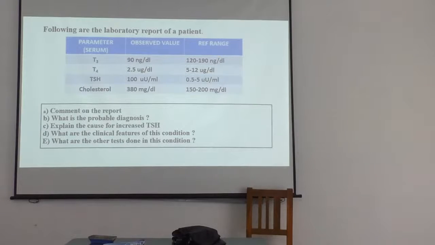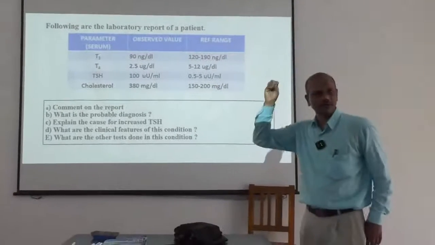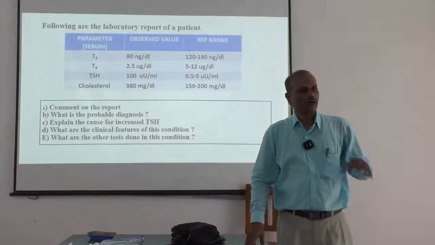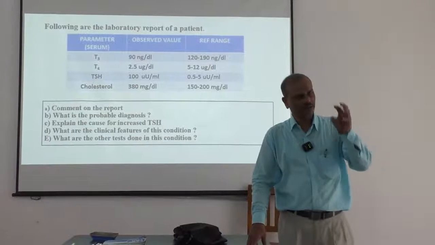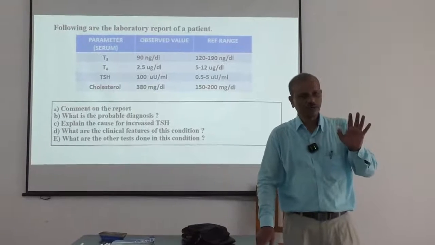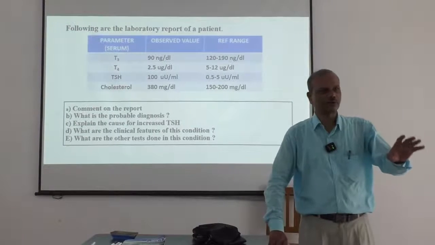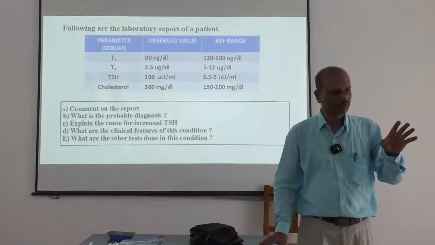So, what other tests are done in this condition? Usually, as I told you in the theory class also, iodine is an essential element for production of thyroid hormones. So we don't have any iodine deficiency because today we are all taking iodized salt.